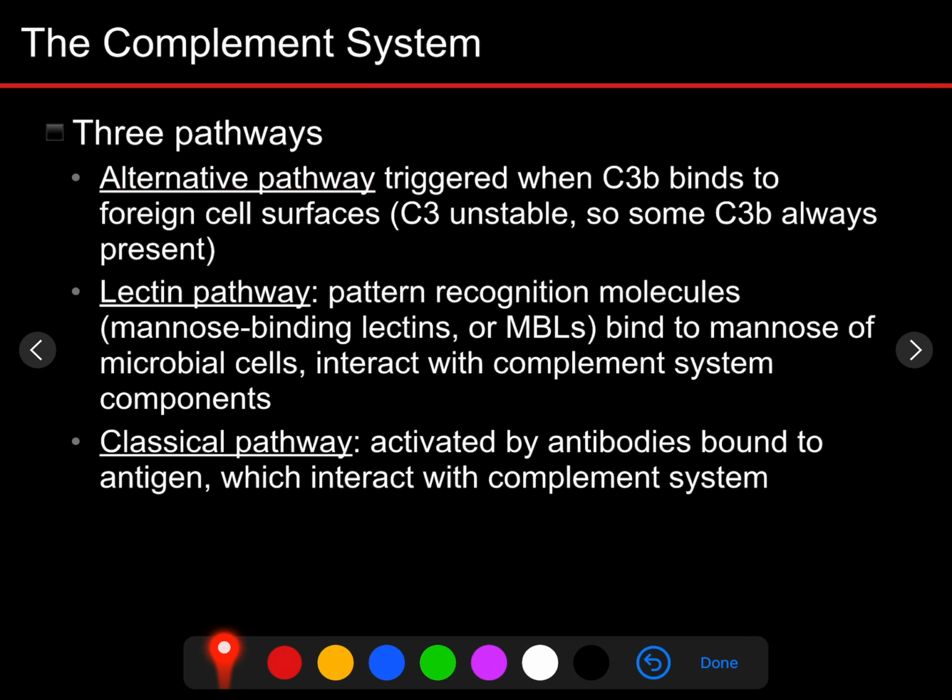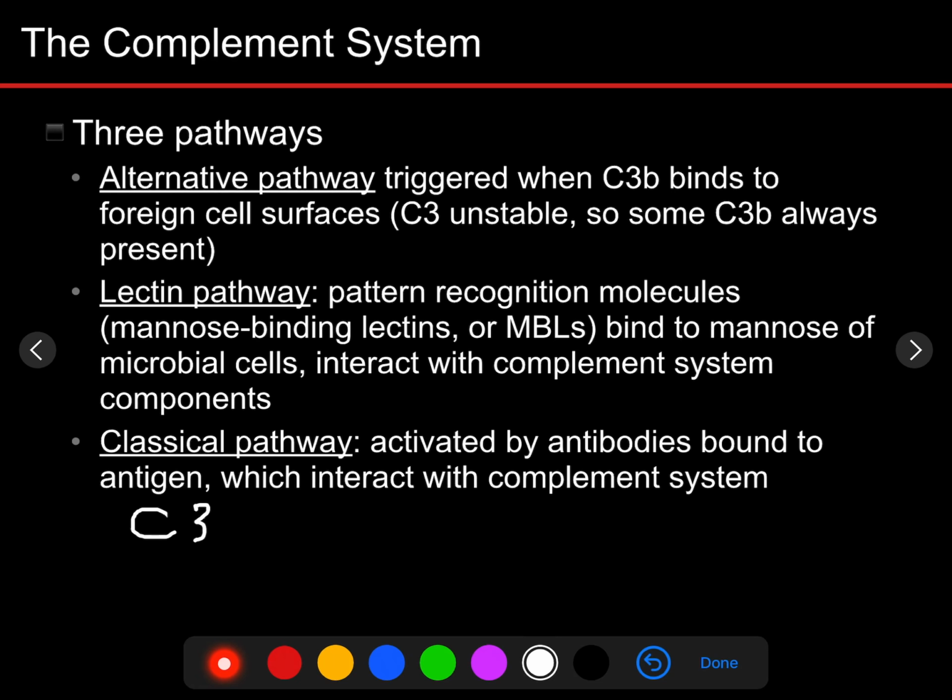The alternate pathway works through a positive feedback loop. So all of the complement proteins are labeled like C something, C1, C2, C3, that sort of thing. And a main protein in the complement system is C3.